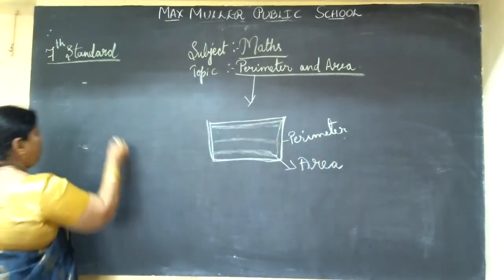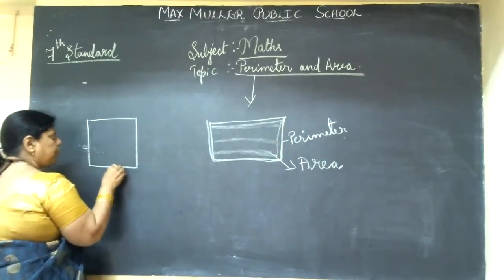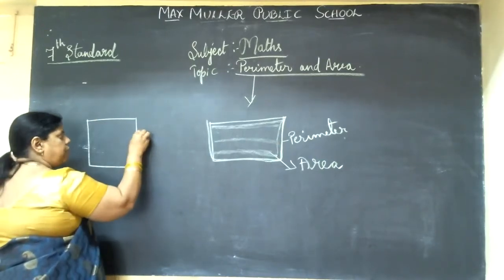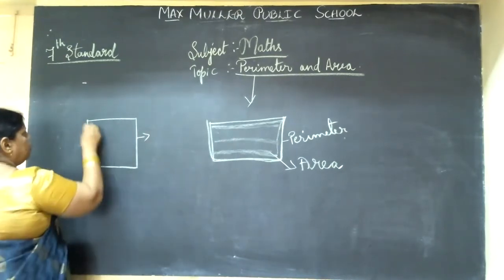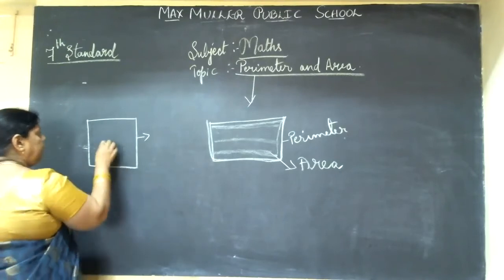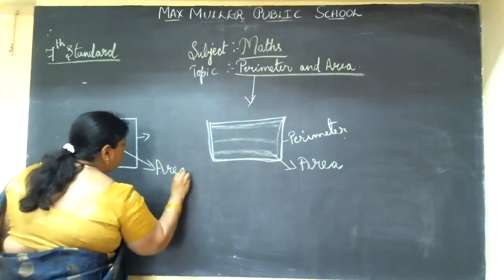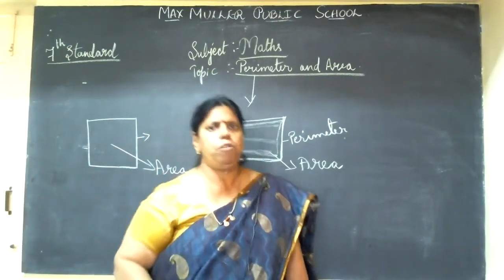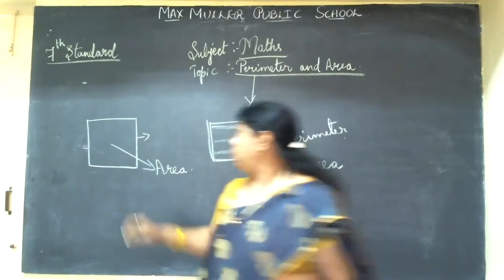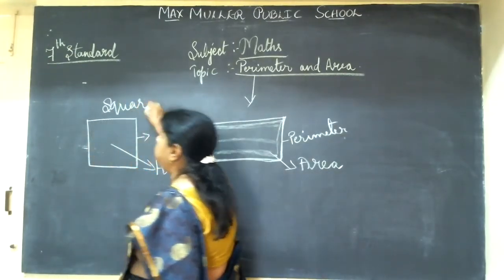Now suppose a square. Perimeter means we take the outer surface of the square. Then this will be the area. Each of perimeter and area has a specific formula.